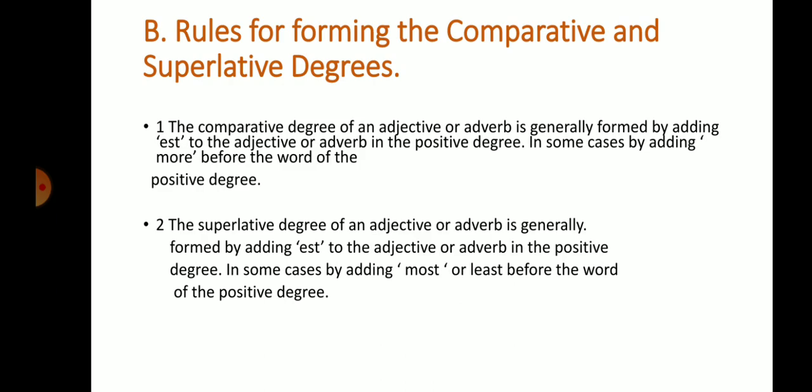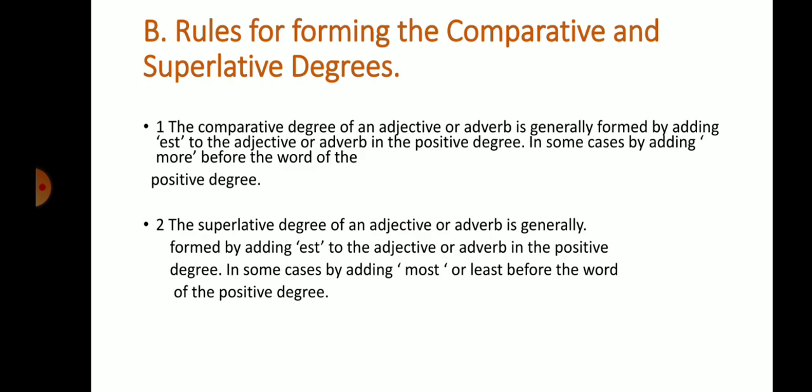Coming to the second rule, the superlative degree of an adjective or adverb is generally formed by adding est. For the superlative degree also, you add est to the adjective or adverb in the positive degree. In some cases you have to put most or least before the word of the positive degree.